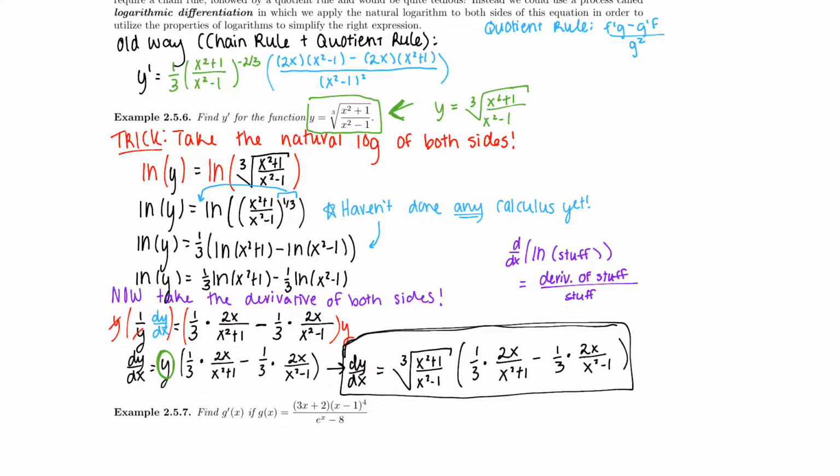And I would also argue that if you're looking at something like maybe the next problem or something incredibly complicated, this process becomes really, really nice. This process really eliminates a lot of the tediousness of potentially product and quotient and chain rule happening at the same time. You might think that this answer and this answer don't look like they're the same answer.